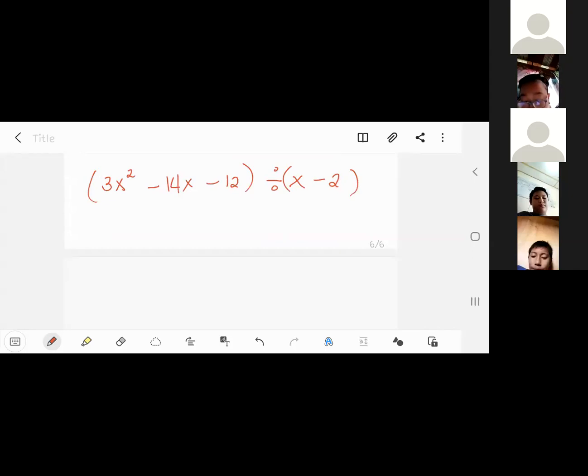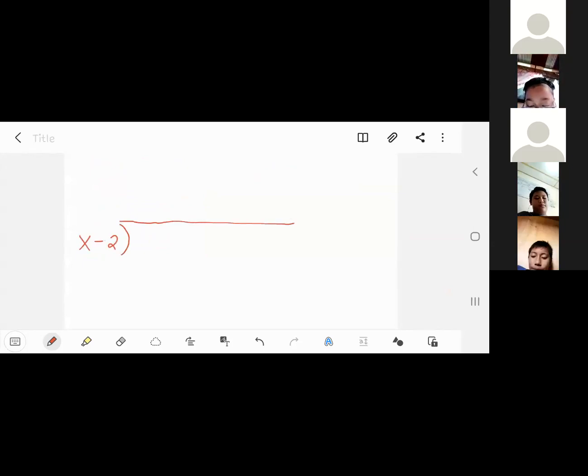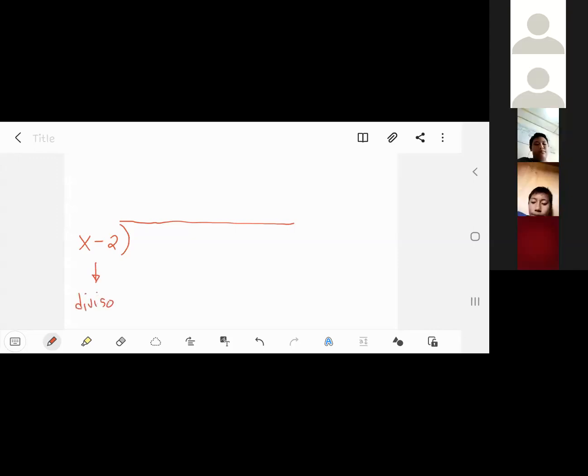This is a division of a polynomial by another polynomial. So what we are going to do is apply long division. Okay, now let's start. x minus 2, that is your divisor.